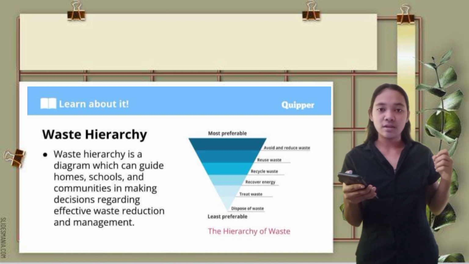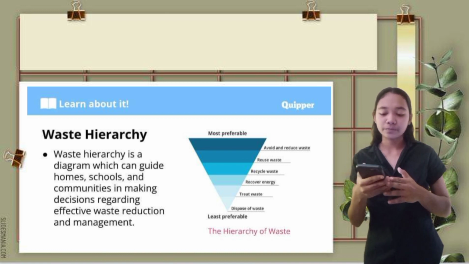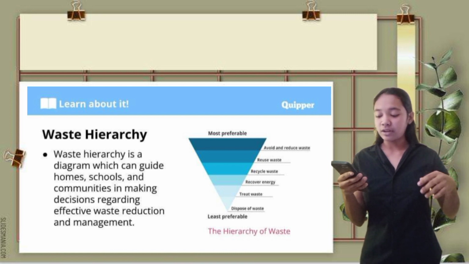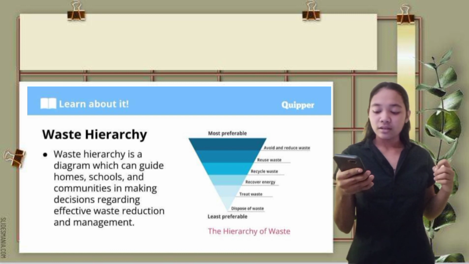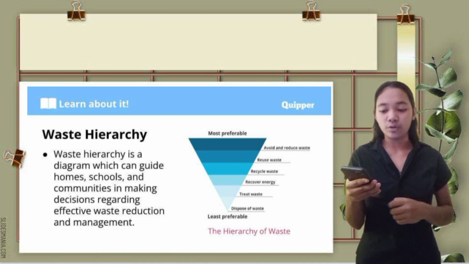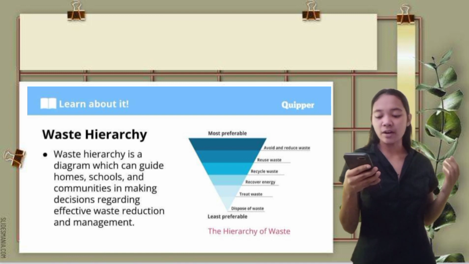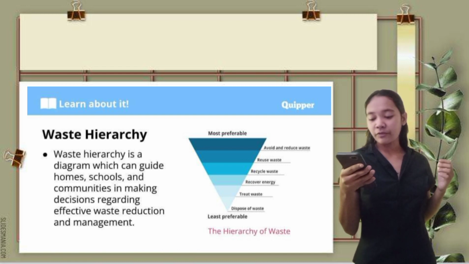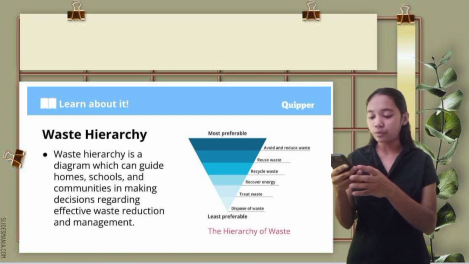It cannot be managed. We're not managing it. We only add more and more waste. So that makes it the least preferable one. Again, the most preferable is avoid and reduce waste, and the least preferable is dispose of waste.